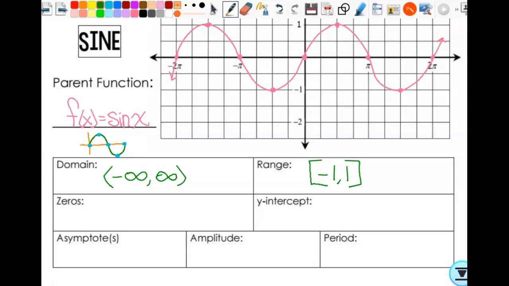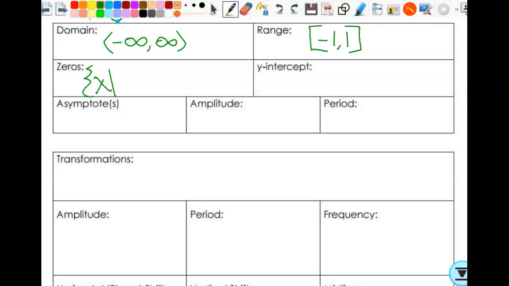So this is where that whole integer thing comes in. To define our zeros, we're going to say it's the set of all x's such that x is equal to n times pi, because it happens every pi. But then I need to state that n can't be 1.5, and it can't be 0.2. It has to be a positive or negative integer.